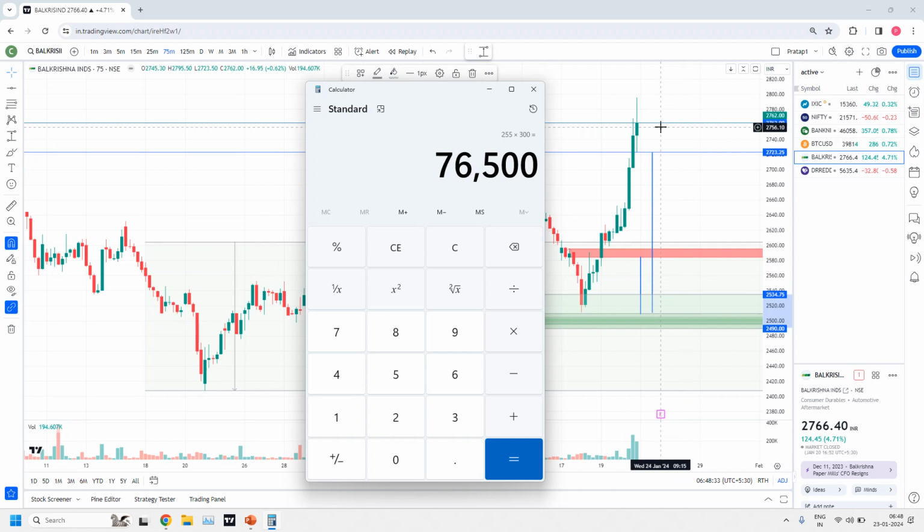Let us assume during the closing hours you exited the trade. Assume you got 50% profit. If you had invested 1 crore rupees, you would have got 50 lakhs profit in one day. No, sorry, in 3 trading sessions.